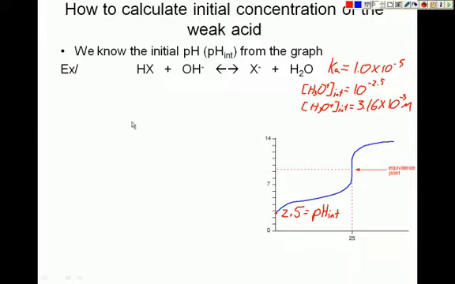Again, this is before we add OH, so we're going to write a new formula here: HX plus H2O forms an equilibrium and makes H3O plus and X minus. Now again, our ICE table.